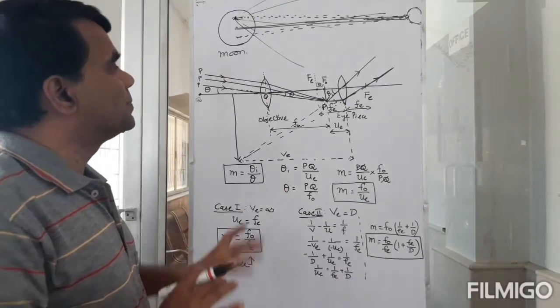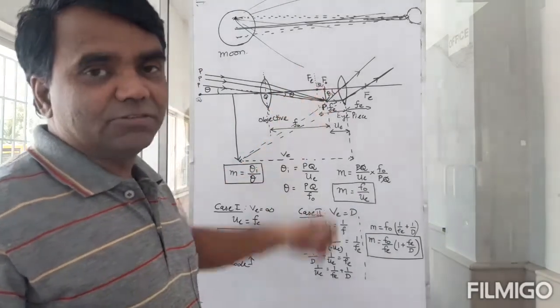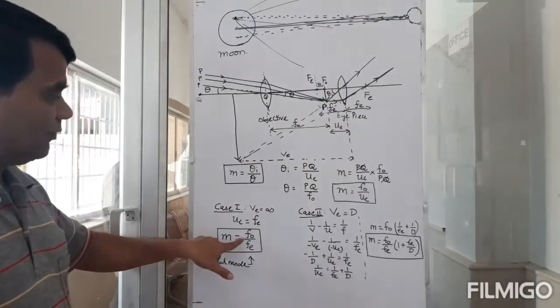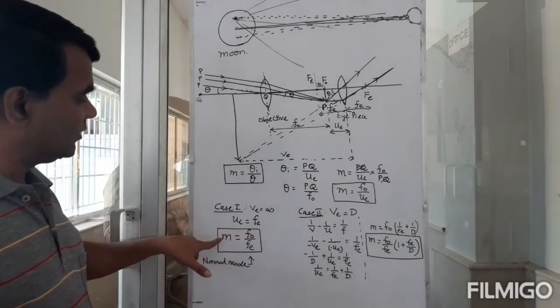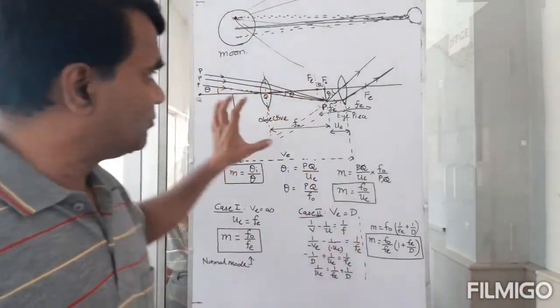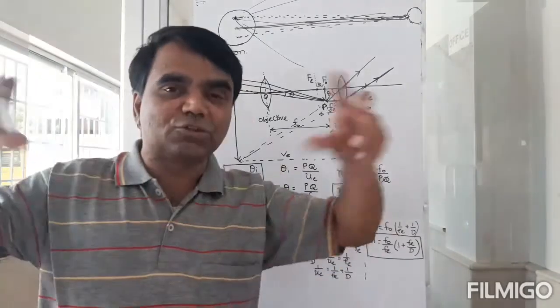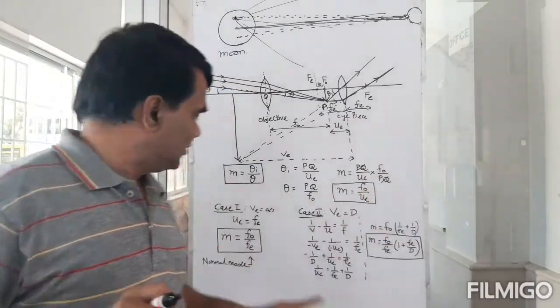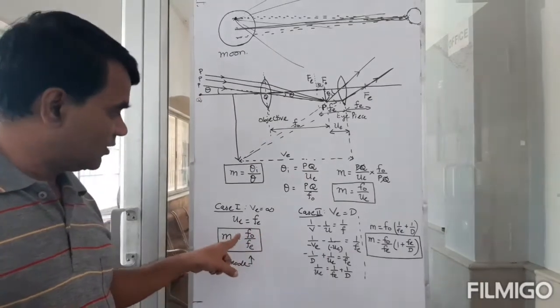You see, look at this. How can you have maximum magnification? Clearly, F0 must be a big number. Only then you can have a maximum magnification. So the focal length of your objective cannot be small. It has to be long, and that is why the telescopes are long, if you notice. Because only when the telescopes are long, you can have a good magnification.